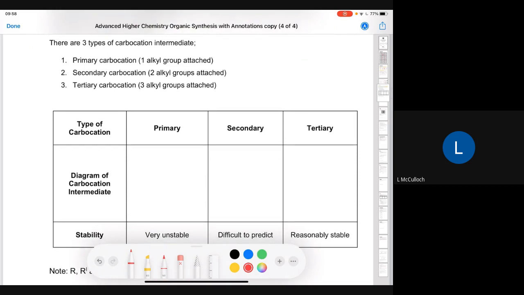So what we are going to do is draw a carbon atom, and we're going to make that a carbocation, which means it's going to get a positive charge on it, like so. And for our primary carbocation, we are going to draw one alkyl group attached and two hydrogens.